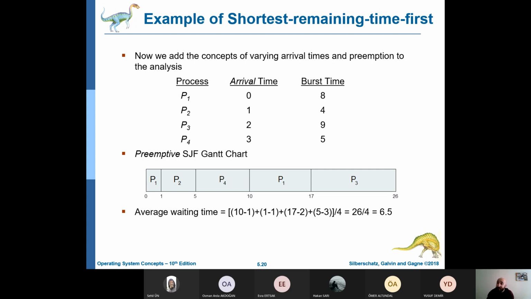So the remaining burst time for process 1 will be 7 milliseconds. The remaining time for process 1 is larger than the time required by process 2, because process 2 needs 4 milliseconds as burst time. So process 1 is preempted and process 2 is scheduled.